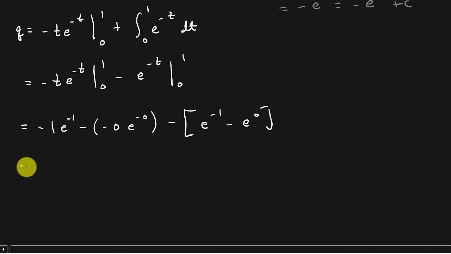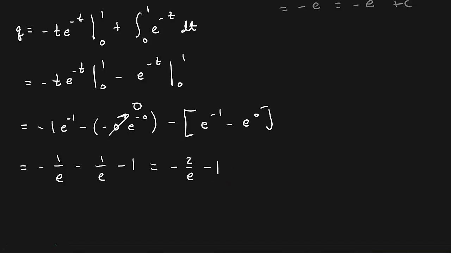And so this is going to be negative 1 over e. This right here just goes to 0, minus 1 over e minus 1. And so that's just going to be negative 2 over e minus 1, unless I made a mistake somewhere, but I don't think I did.